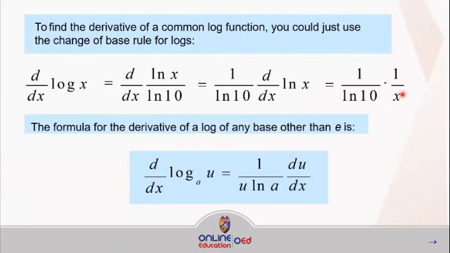This 1 over x is simply the derivative of ln x. So therefore, the derivative of the logarithm is 1 over u ln a du over dx. This is the formula for the logarithmic function.